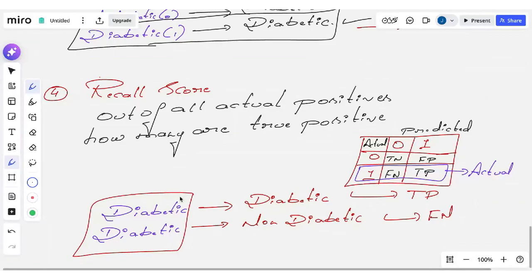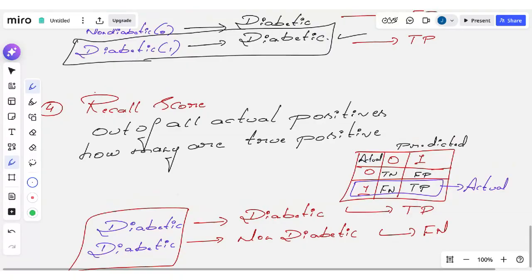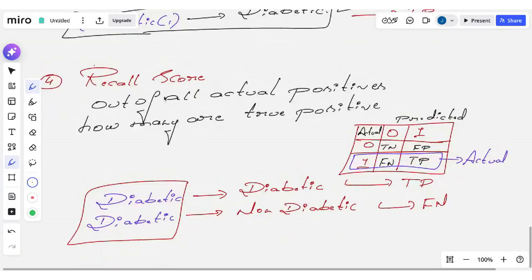Among actual diabetic patients, how many diabetic patients are classified as diabetic? Compare both top and bottom. Same thing, you can see how the diagnosis has changed. Making sense? So the formula will be how many are true positive out of actual positives.